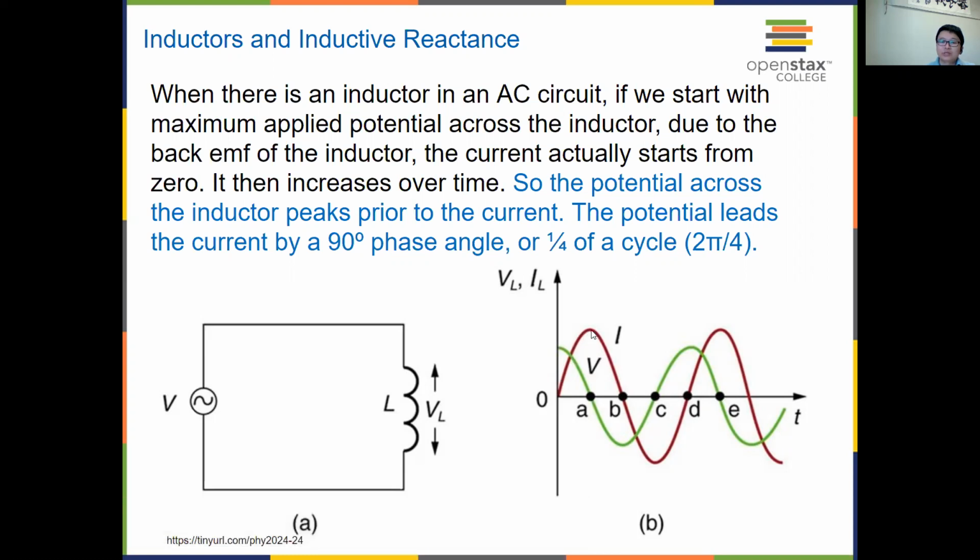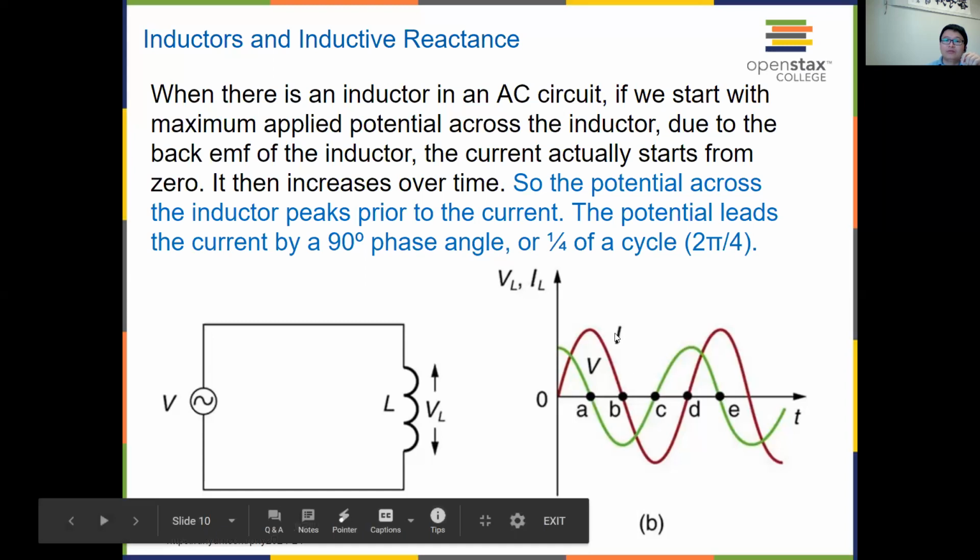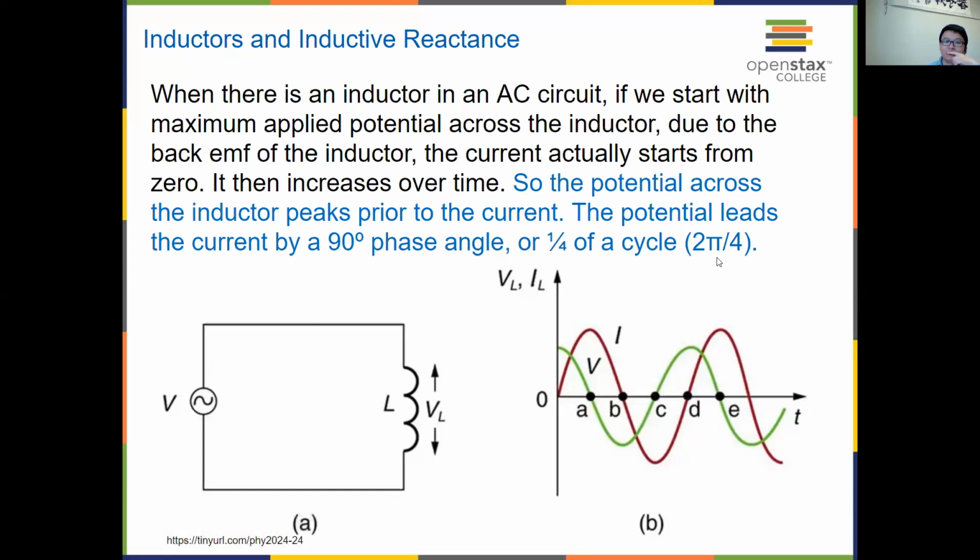So your current will peak at a time later than the peak of the voltage. Your voltage always peaks first, and then the current follows by 90° in phase, or pi over 2, which is 2 pi over 4.